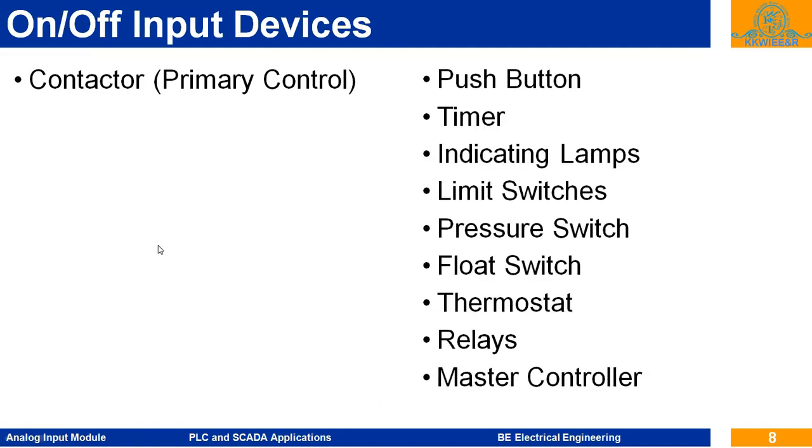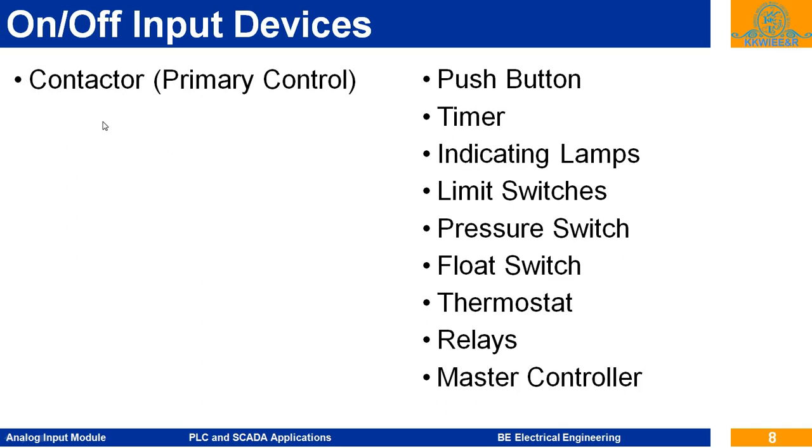Now we see the discrete or on-off input devices. What are the different input devices? First is the contactor, a primary control. The contactor is an on-off type device.